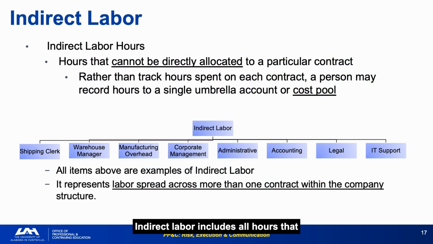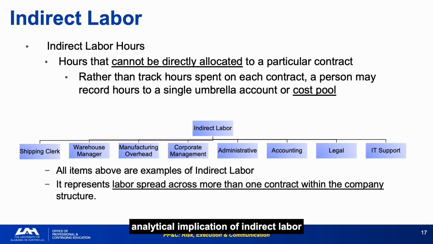Indirect labor includes all hours that cannot be directly allocated to a specific contract, such as warehouse managers, accounting, legal, IT support, and corporate management, which are collected in a pool and spread across multiple contracts. At NASA, the equivalent is the Center Management Office. All of those functions cost money, and that cost is spread across every contract the center is executing through the overhead rate structure.